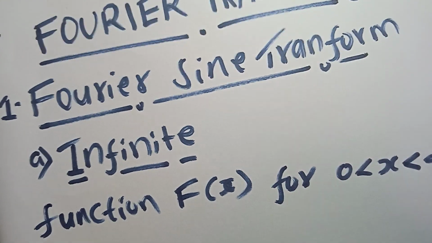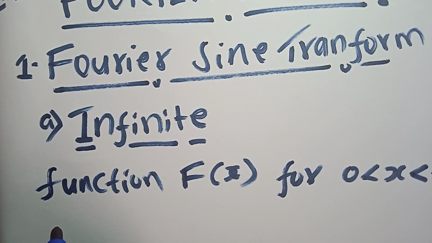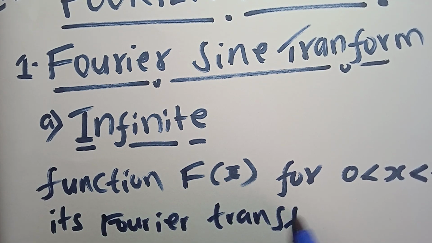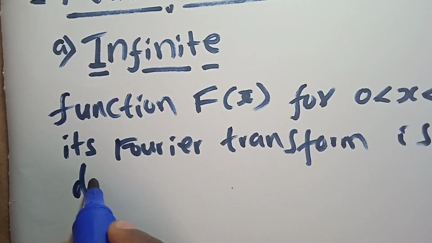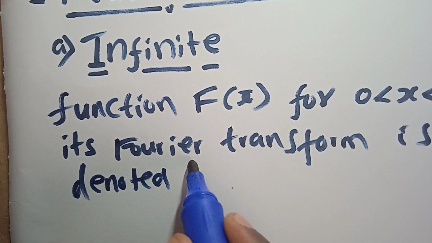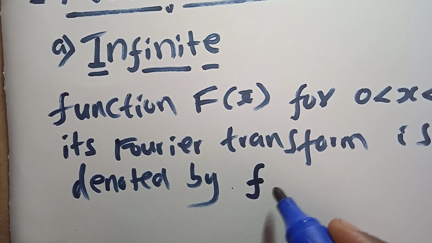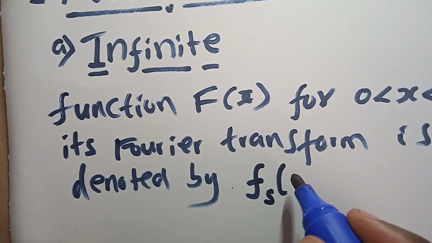Then its Fourier transform is denoted by the small letter f with subscript s, where s means sine transform, of n.